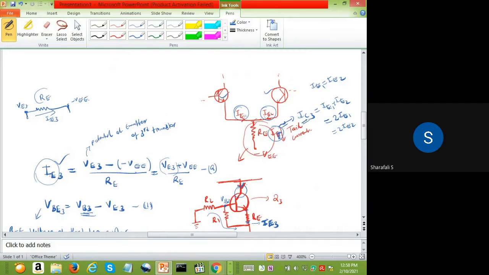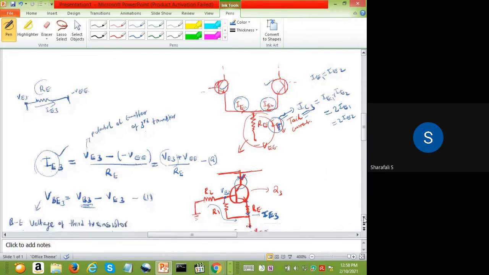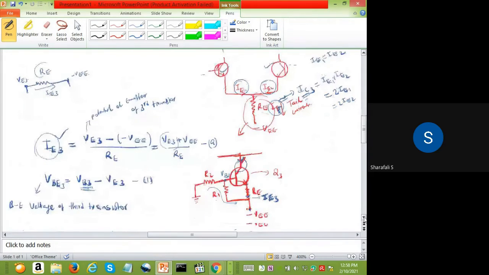So that will give me IC3. That is the current which is coming from these two through this tail to the collector end of the third transistor. That is IC. So that will be equal to I1 plus I2, that is nothing but 2 I1. That's what I put here.